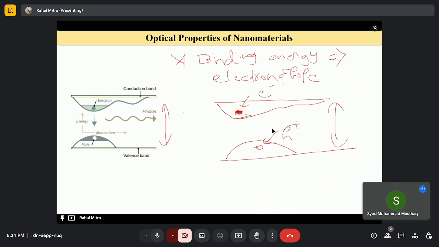This process is associated with the formation of an electron and hole bound to each other, right? Which is called an exciton. As for any other particle, the exciton has mobility, just like electrons. It thus can move freely through the material.